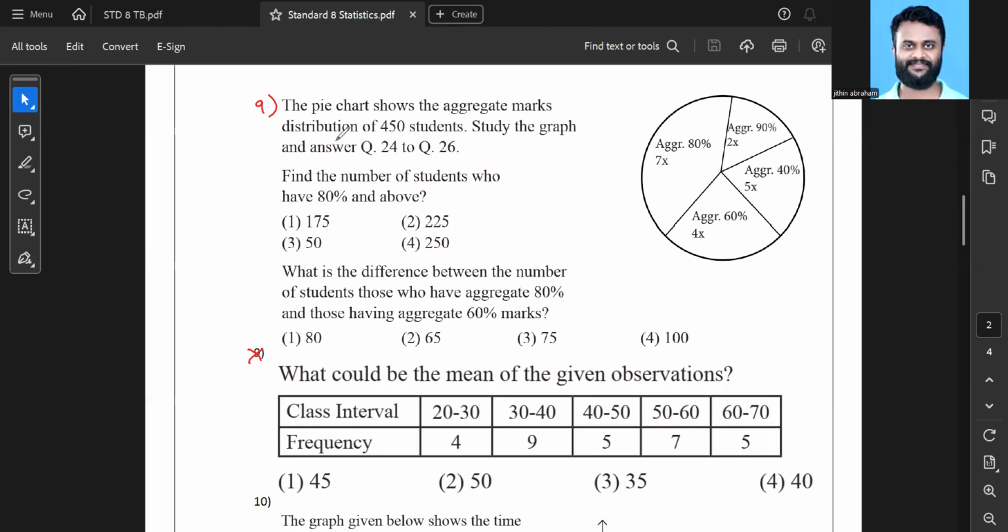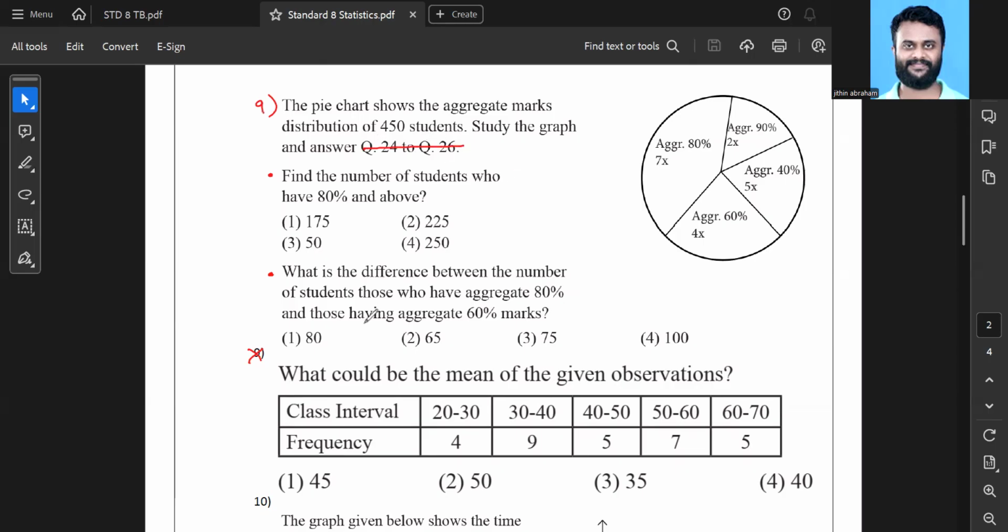The pie chart shows the aggregate marks distribution of 450 students. Study the graph and answer questions 24 to 26. I assume these are the three questions, and maybe something like it's a printing error.